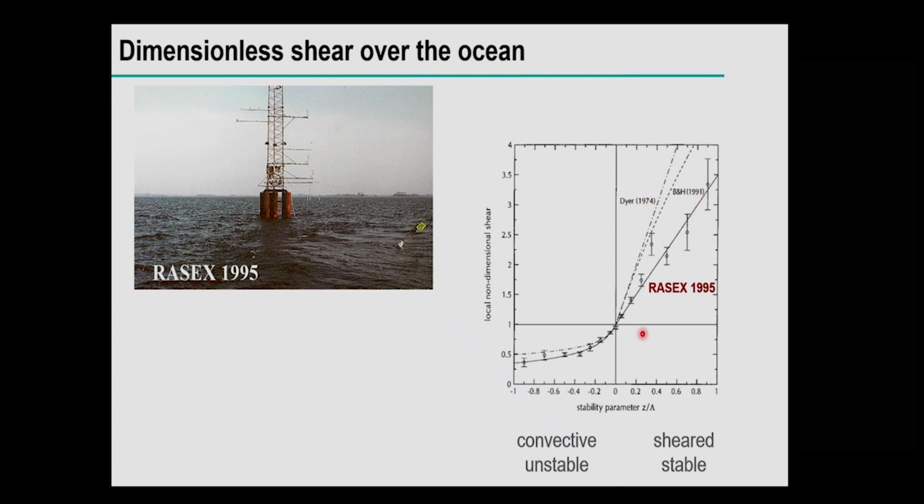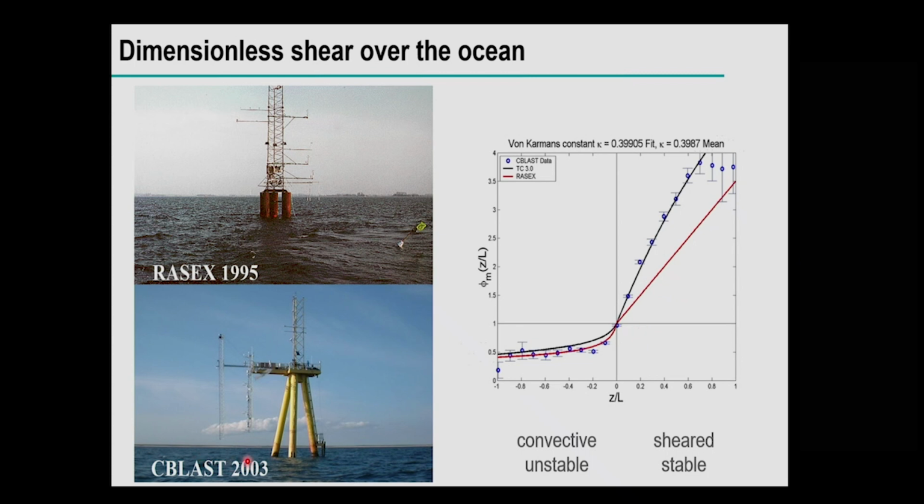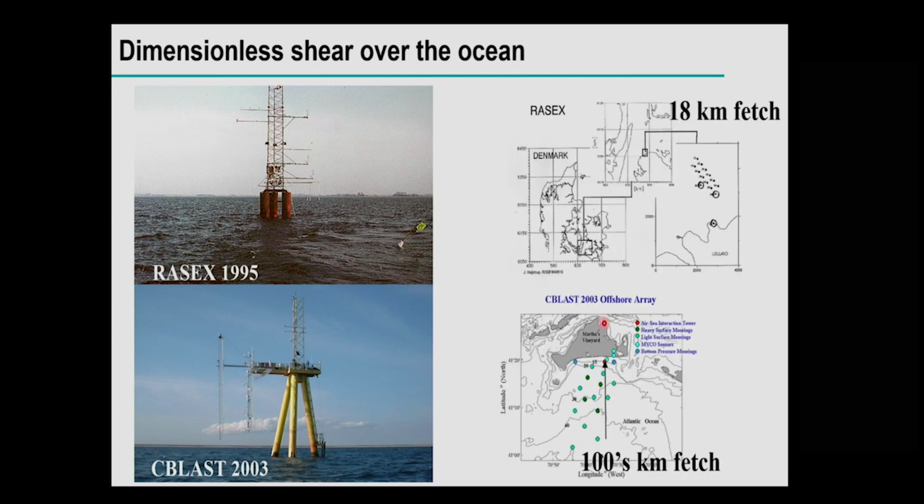And then they continued on in another big experiment, the CBLAST, in 2003. And you can see that, yet again, you have a different shear profile. And so what can explain the differences between these two data sets? Well, if we look at where they were taken, the first one was in the North Sea, off the coast of Denmark, where you have very limited fetch.